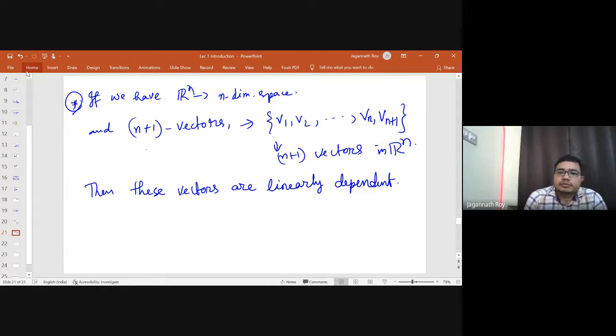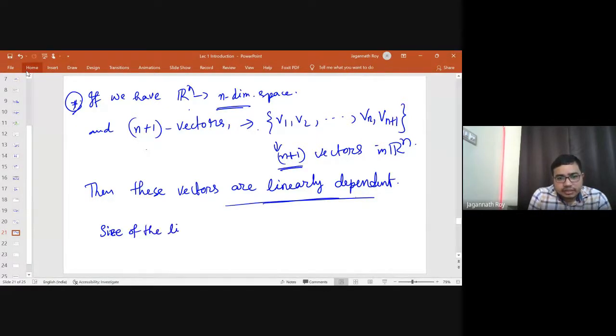Okay, so for them, if the dimension is n, and if you have n plus 1 vectors, then this number of vectors will be linearly dependent. In fact, I can tell you about the size of the linearly independent set.